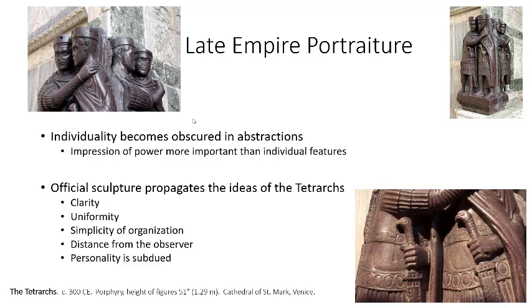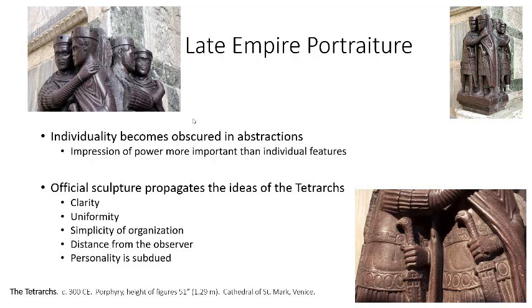And so here we're trying to show the public this sort of camaraderie and unity and equality and sameness and stability, which is something the public really yearns for after too much civil war.